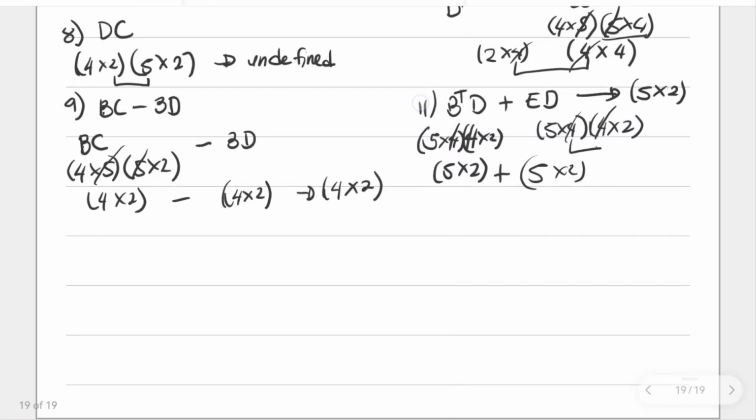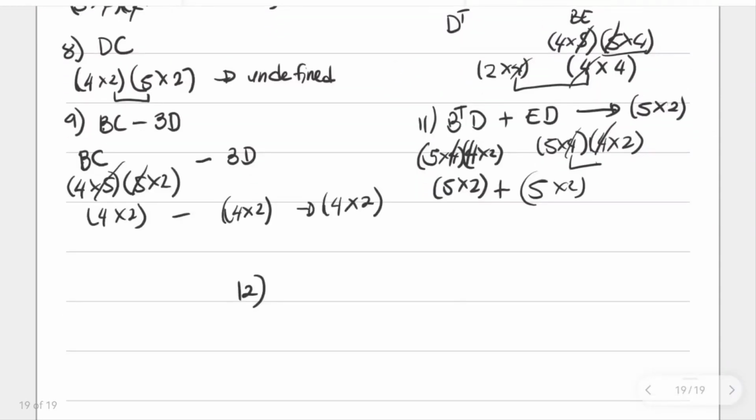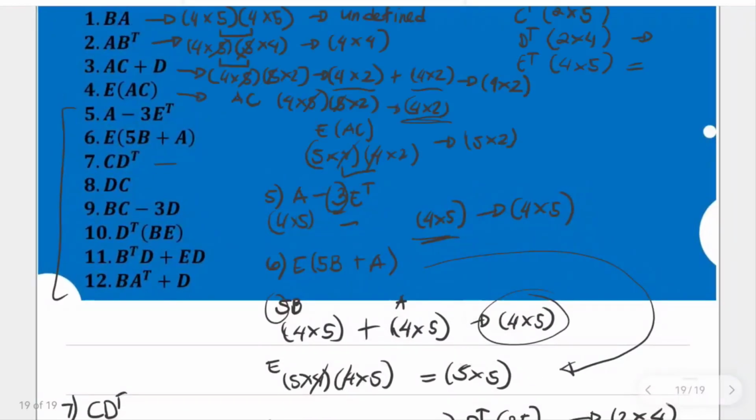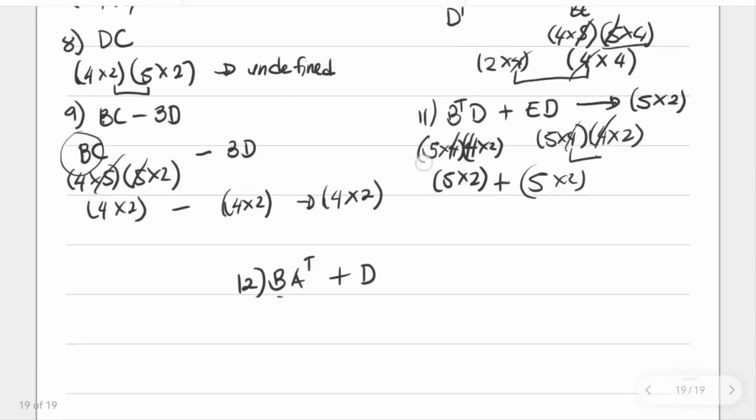Let's have the last item here, 12. B times the transpose of A, plus D. We know that B is a 4 by 5 matrix here. 4 by 5 matrix. Okay. The transpose of A is a 5 by 4 matrix.